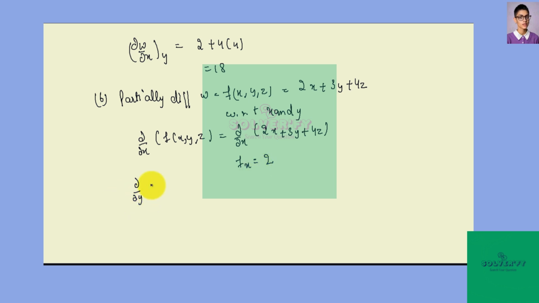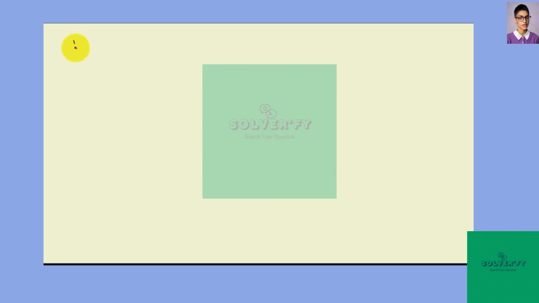When we differentiate with respect to y, the function f of x, y, z, 2x plus 3y plus 4z, we have with respect to y the result 3. Then partially differentiate z is equal to 4x minus 2y with respect to x.